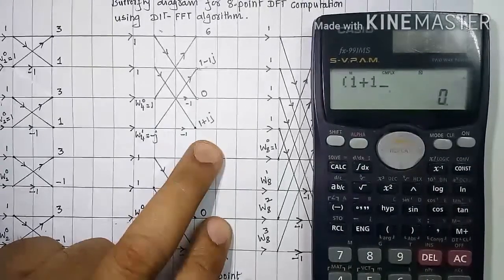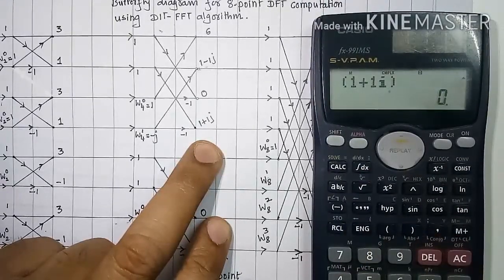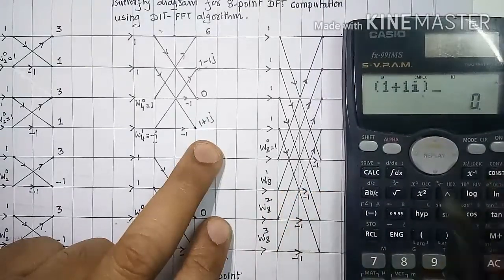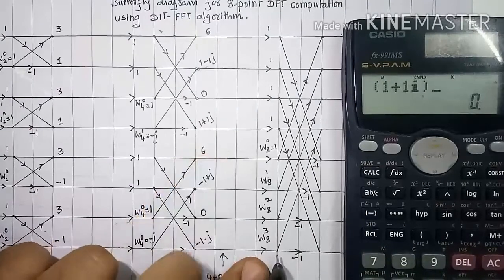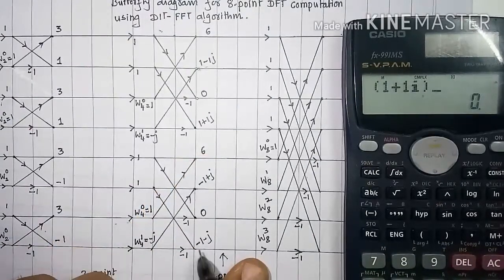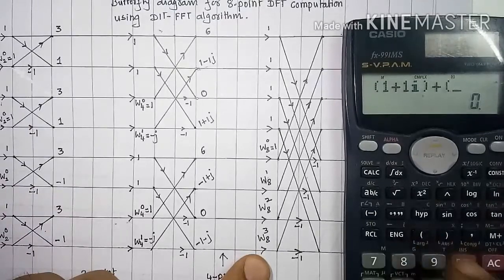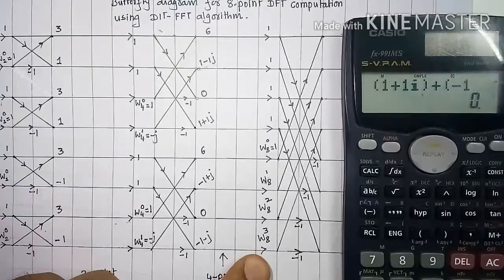Bracket 1 plus 1j plus minus 1 minus j into W8 raised to 3.